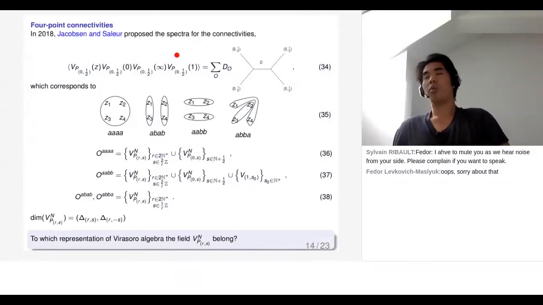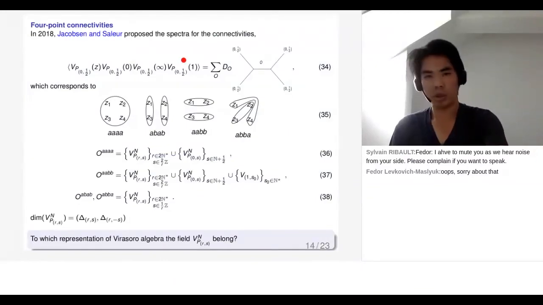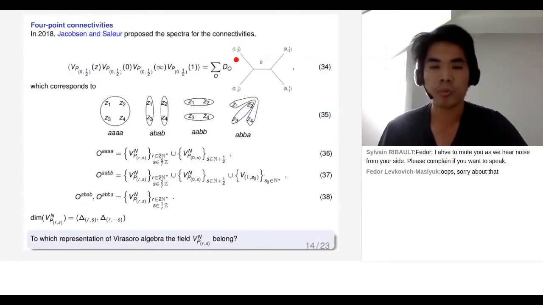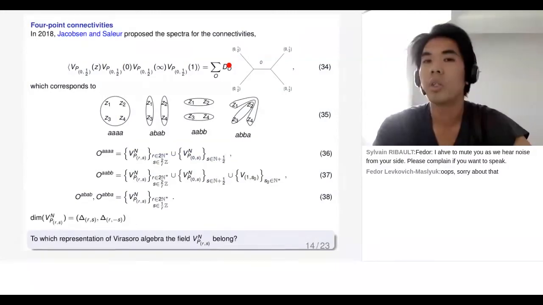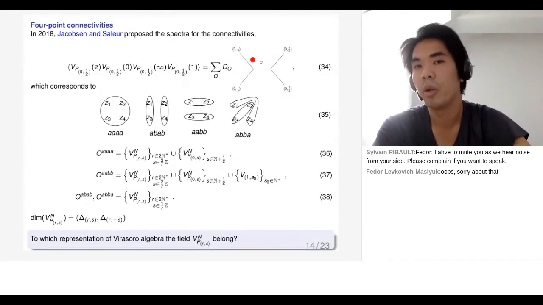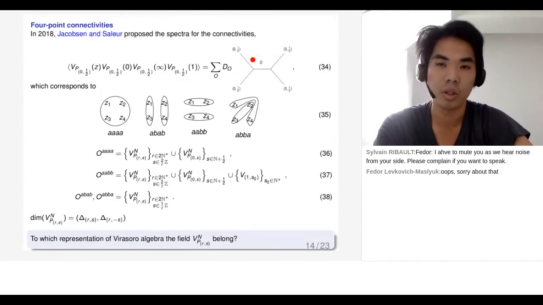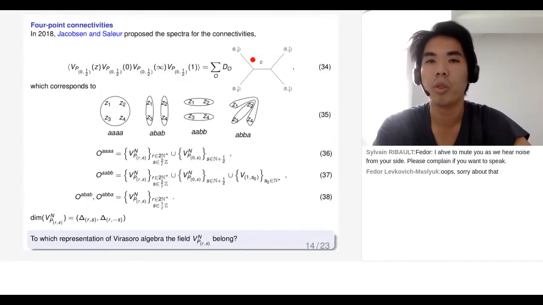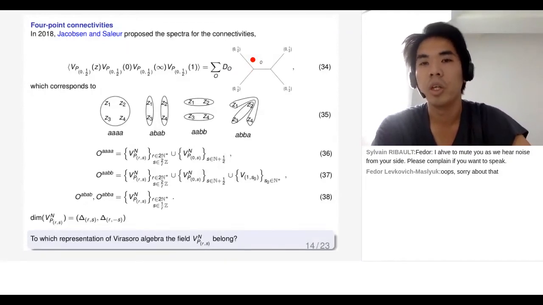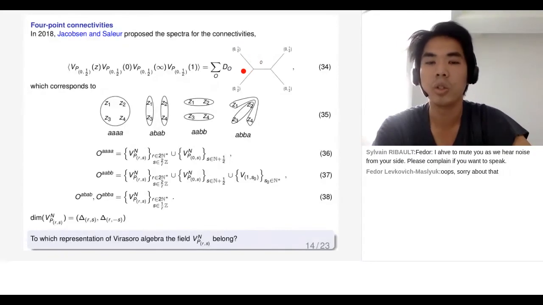So to start with, let us look at this formula for the connectivity. We see that on the right-hand side here, we have infinitely many conformal blocks. So to compute them numerically, we need to truncate this sum such that we are left with finitely many terms. And we shall do so by imposing a bound on the conformal dimensions of all fields in this vector.